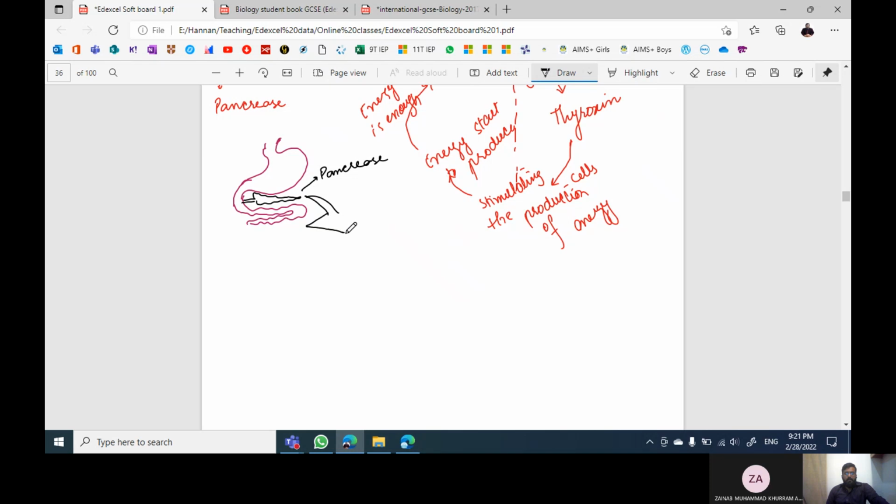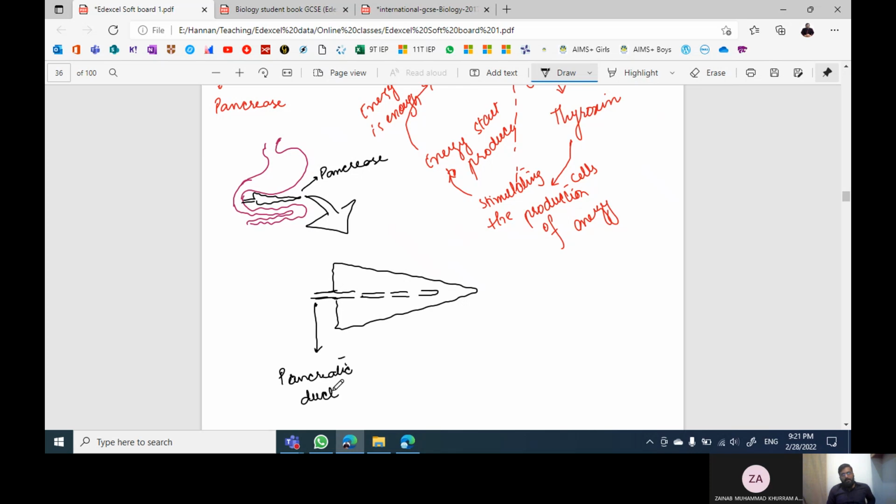Let's have a magnified diagram of the pancreas. Pancreas is a leaf-like organ which contains two regions in it. These are two very important regions which control the whole body according to the need. If you look at the pancreas, there is a projecting duct out of the pancreas which is known as the pancreatic duct.